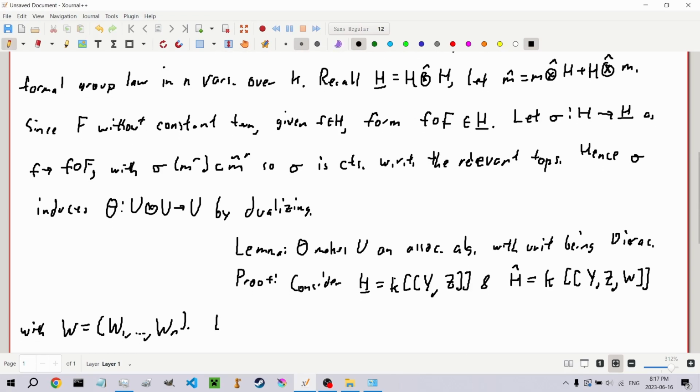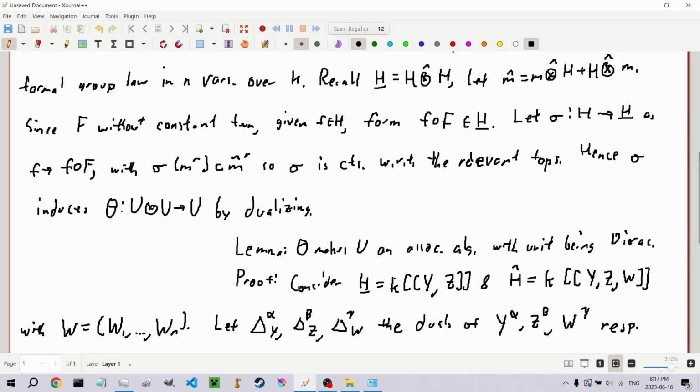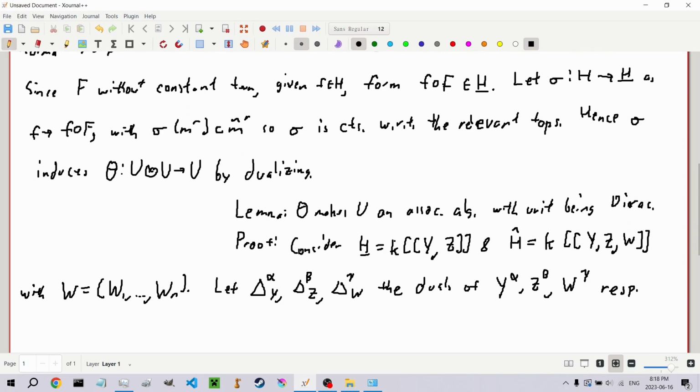We shall let delta alpha sub Y, delta beta sub Z, and delta gamma sub W be the duals of the monomials Y alpha, Z beta, and W gamma respectively.